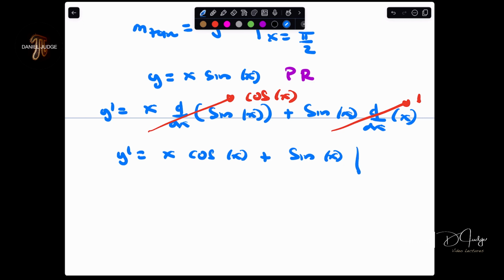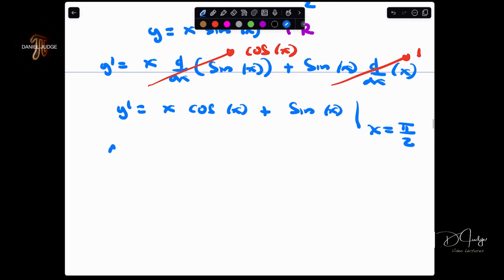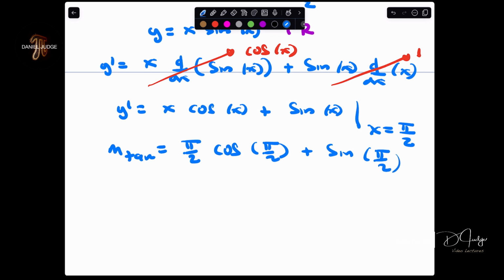We have to evaluate this at pi over 2. Okay? This is going to give us our m tangent. So, plugging in pi over 2 for x, we get pi over 2 times cosine of pi over 2 plus sine of pi over 2. So we're going to have to understand what cosine of 90 degrees is, and I believe that was 0.